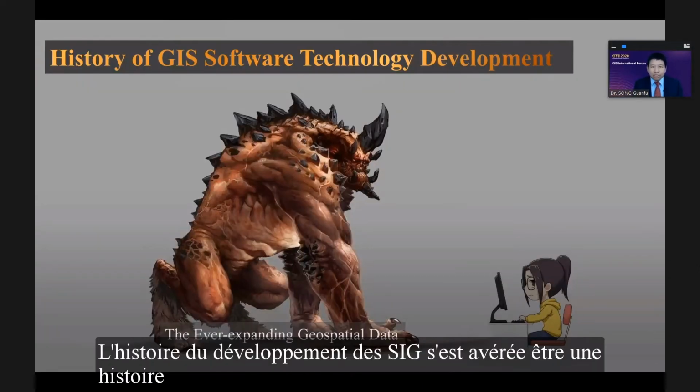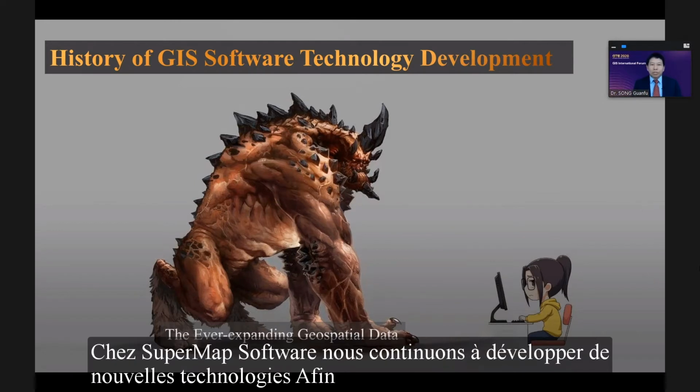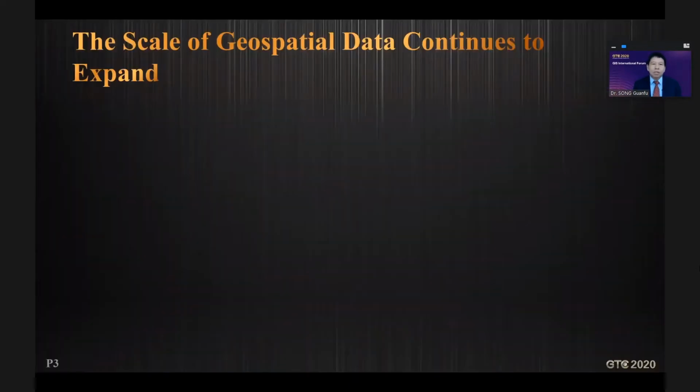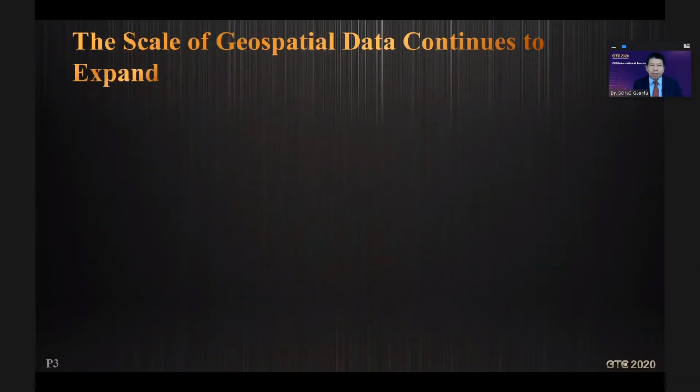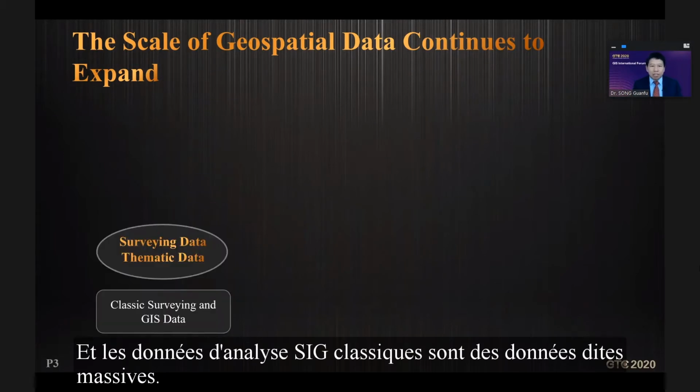The history of GIS development has proved to be a history of fighting against the ever-expanding geospatial data. We keep on developing new technologies in order to cope with the ever-growing data. The geospatial data grows rapidly. Classic surveying and GIS data is massive data.